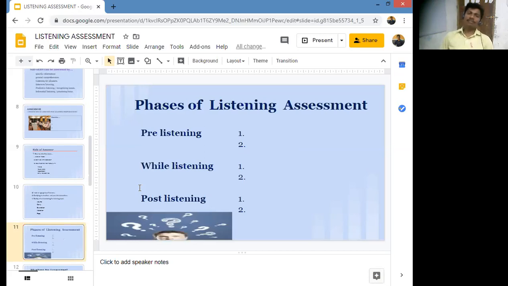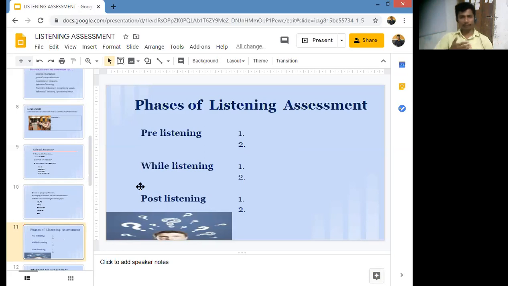Now here we have 3 phases for listening assessment. If we have to assess the listening skill of our listeners, we have to follow 3 stages, or we have to conduct that program in 3 stages. First of all, we have to focus on the pre-listening session.